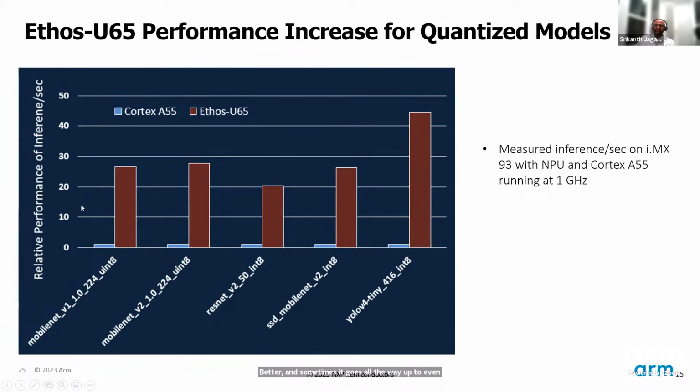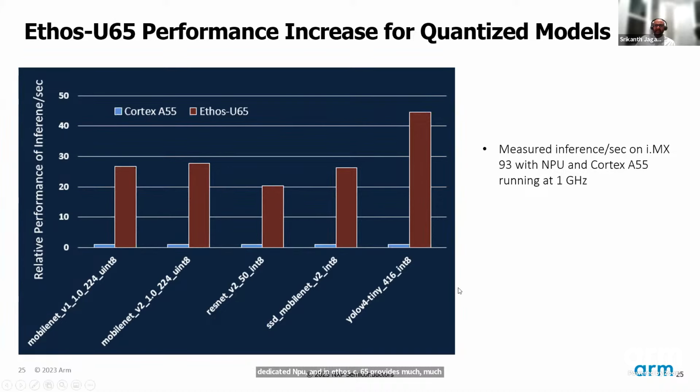And this is inferences per second. This is the performance metric that we are taking, and we are basically normalizing the performance of the Ethos-U65 to the A55. So this shows that having a dedicated NPU, an Ethos-U65, provides much better ML performance.